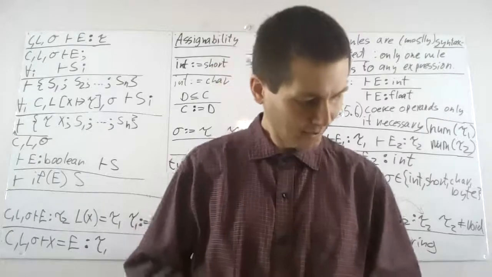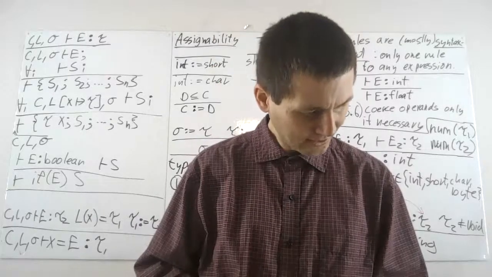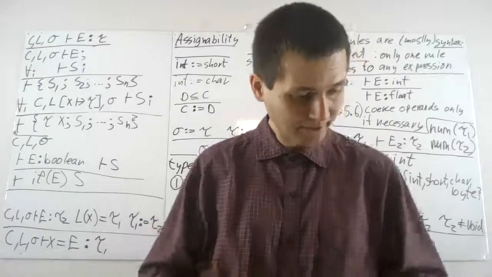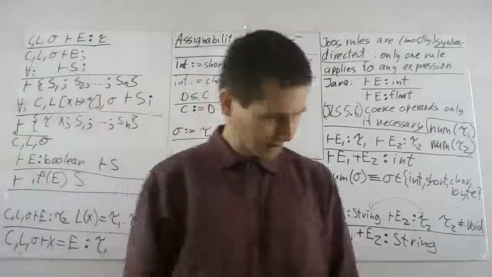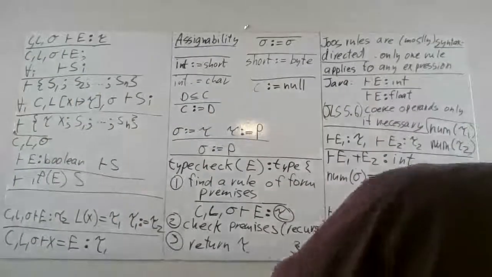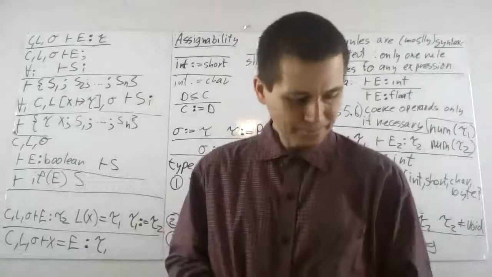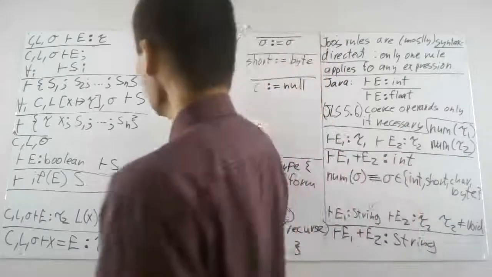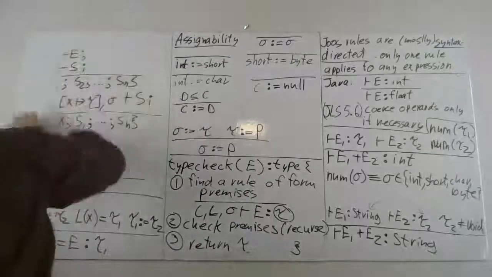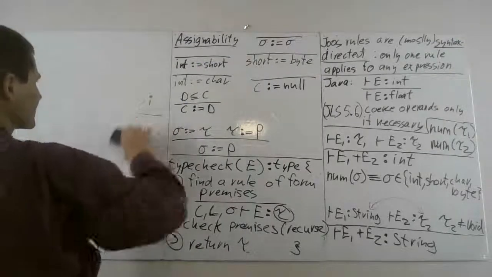All right. So I should continue with rules for more Java features today. Where's my eraser? Here we go. So what other features are there? We can look at fields.